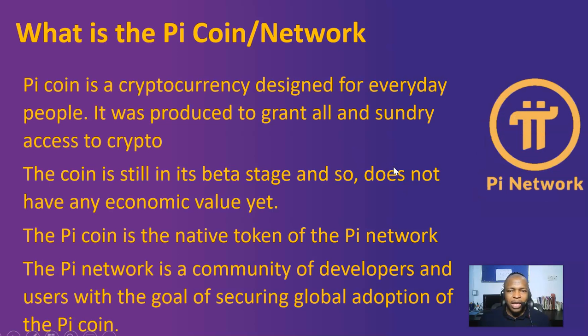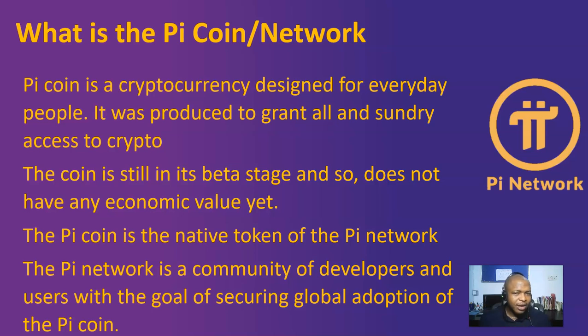So what is the Pi coin or the Pi network? The Pi coin is a cryptocurrency designed for everyday people. It was produced to grant everyone access to cryptocurrencies. The coin is still in its beta stage and so does not have any economic value yet.